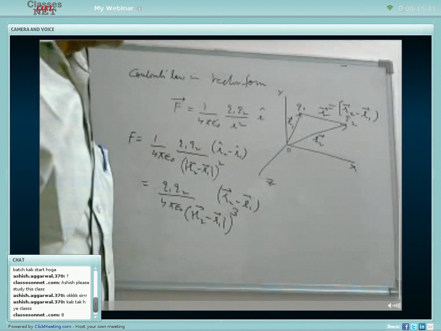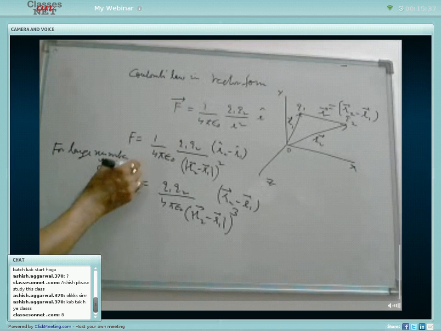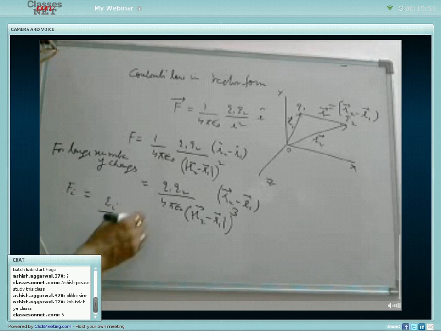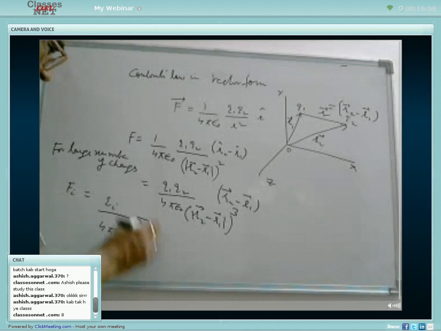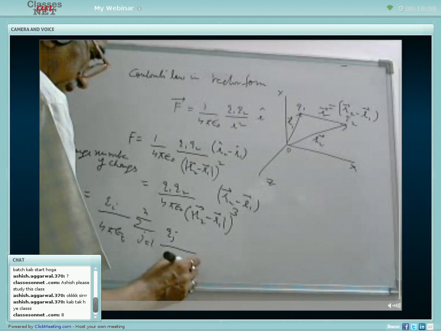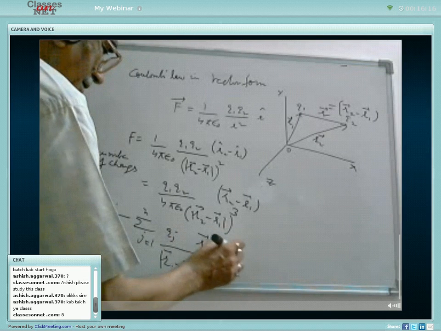So if you have a large number of charges and you want to write in vector form or in position vectors for a large number of charges, you can write the force on the ith particle as Qi by 4 pi epsilon 0, sigma j going from 1 to n, Qj times (rj minus ri) by the cube of the magnitude of rj minus ri.